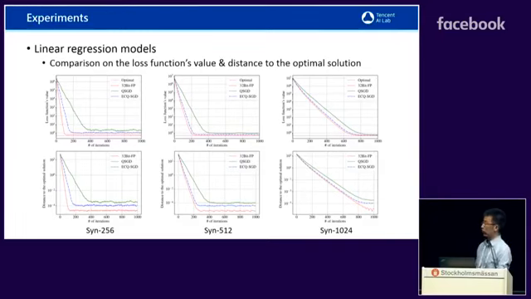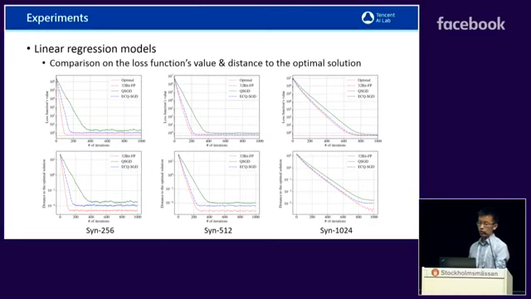Following are some highlights of our evaluation results. We first perform experiments on linear regression models to validate our previous analysis on convex quadratic optimization. We carry out experiments on 3 synthetic datasets with different numbers of feature dimensions, which is noted in the dataset name.